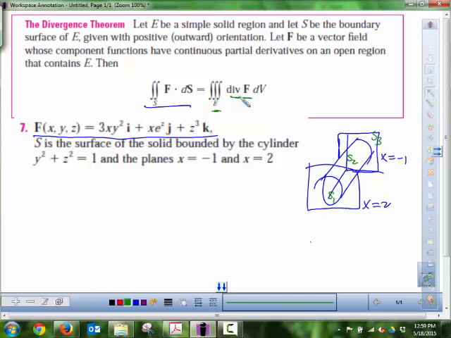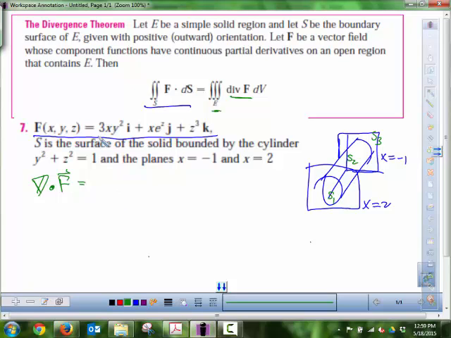So part of this theorem tells us that we transform our field into the div of that field. That's what we're going to put inside of the triple integral. So let's compute the div of f. The result is a scalar function.